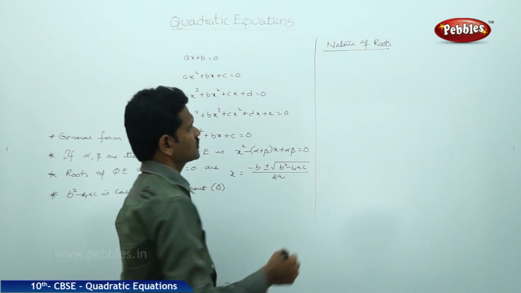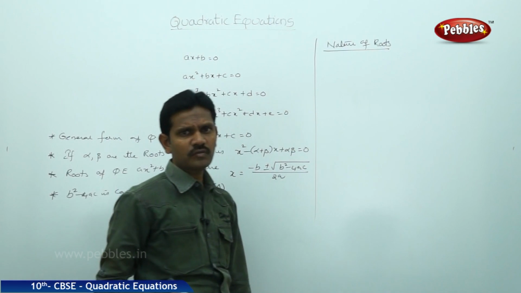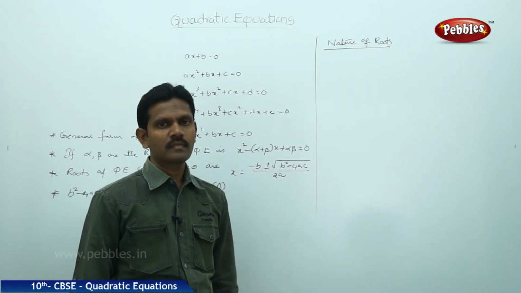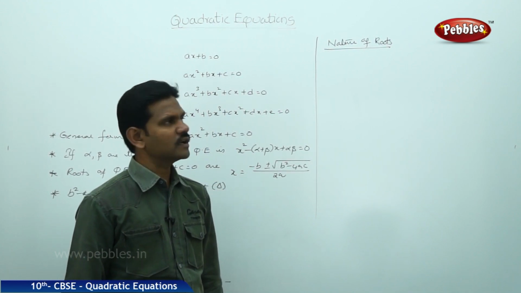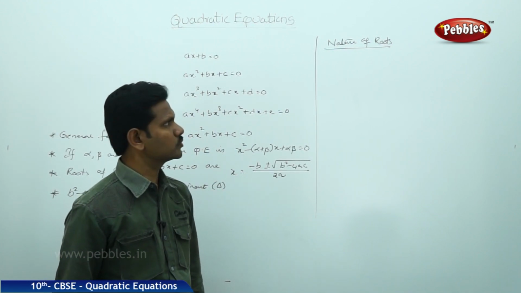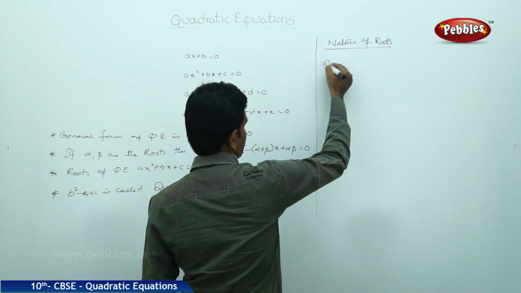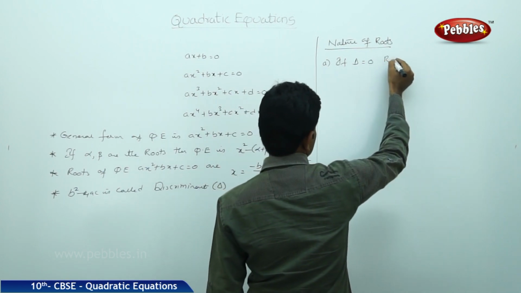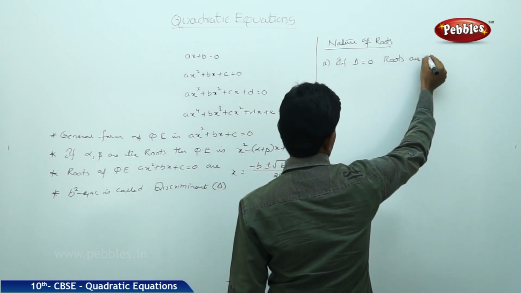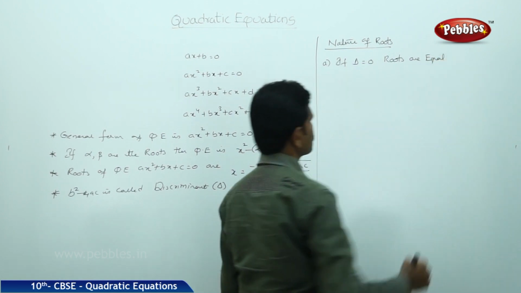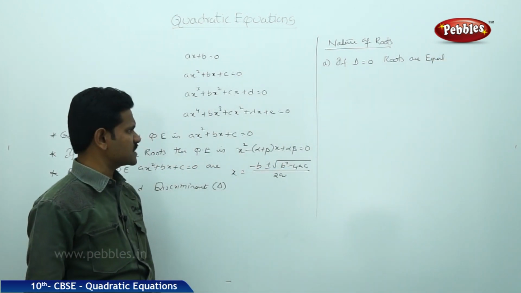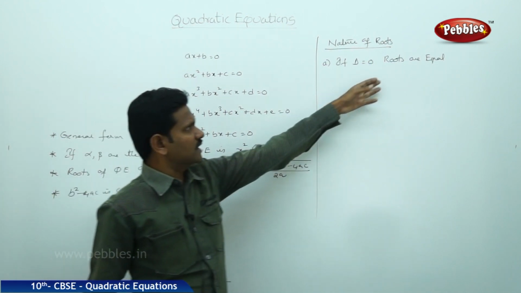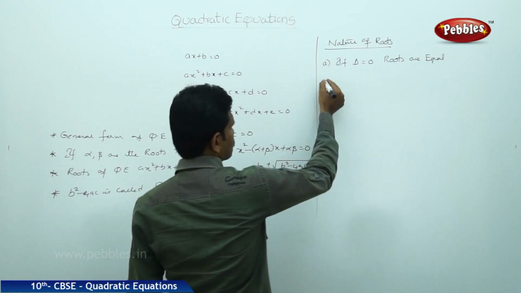Now, based on this, what is the nature of roots? Based on the value of delta, we can decide what type of roots the given quadratic equation has. Very beginning, if delta is equal to 0, roots are equal. That is, if your discriminant value, b square minus 4ac, becomes 0, then the roots are equal.